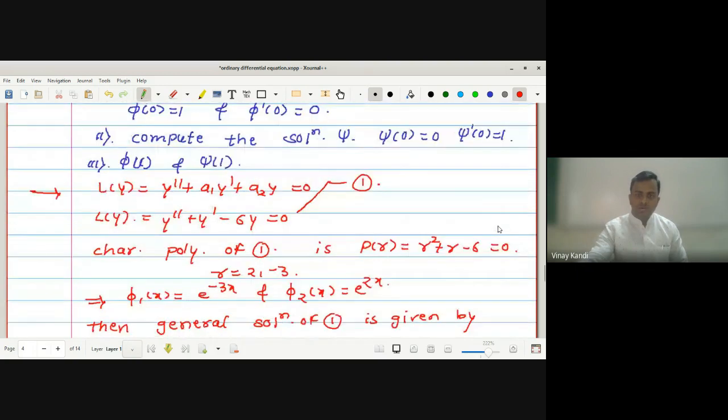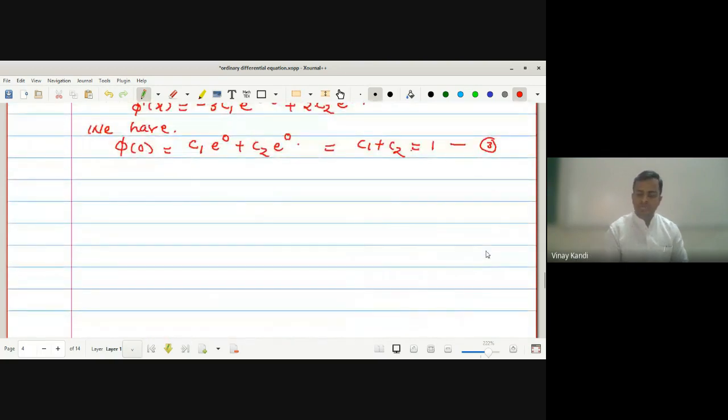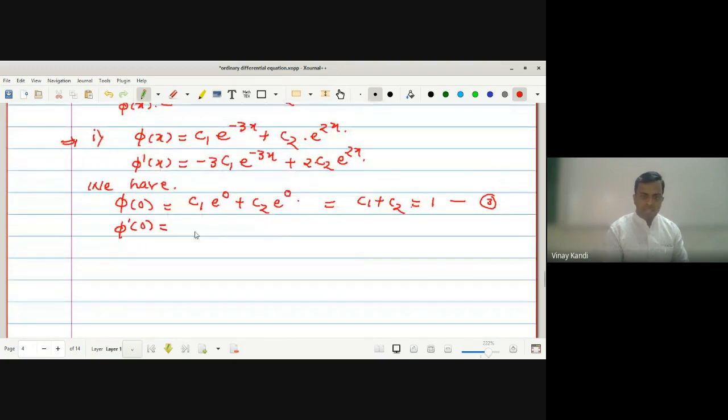Also I have equation number 2 there. C1 plus C2 is equal to 1. And again phi dash of 0 is equal to minus 3 into C1 e raised to 0 plus 2 into C2 e raised to 0. So what we get?